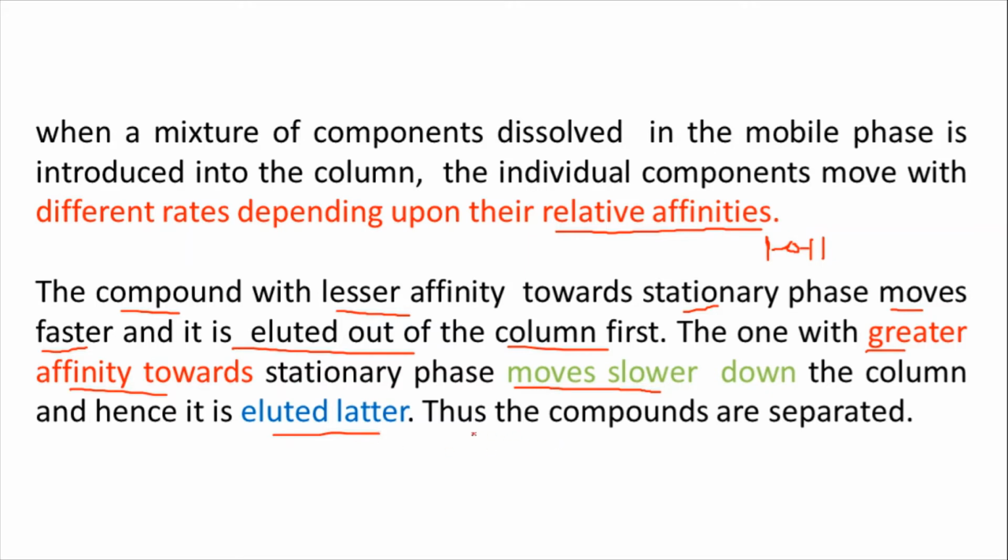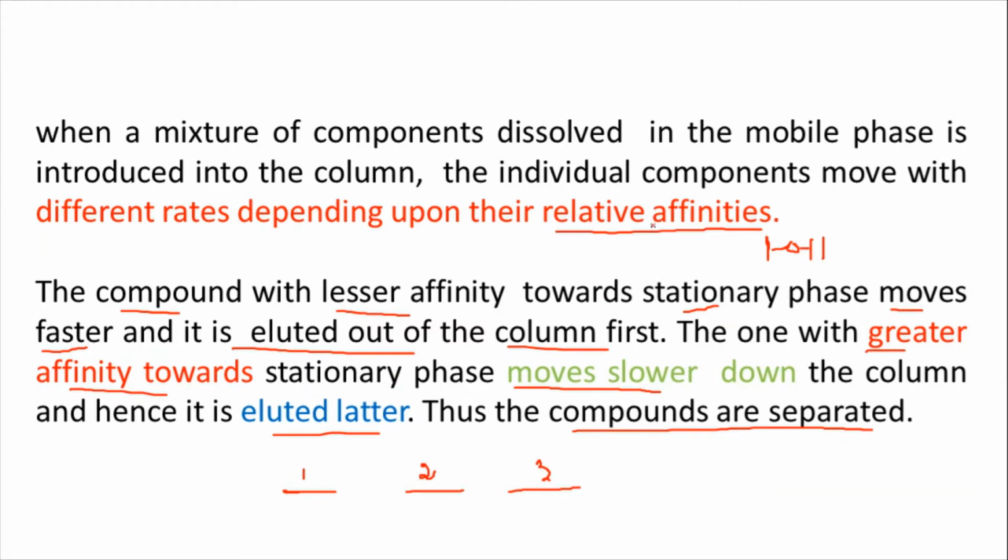Regarding this phenomenon, the components are separated. So we have lesser affinity, medium affinity, and stronger affinity molecules. The lesser affinity elutes first, then the medium affinity components, then the greater affinity molecules. So this is the basic principle of column chromatography.